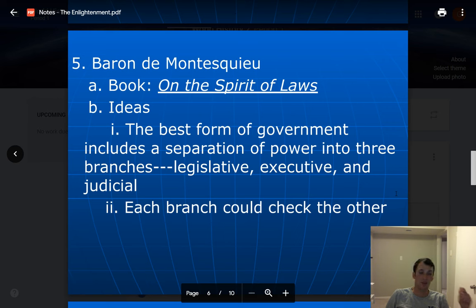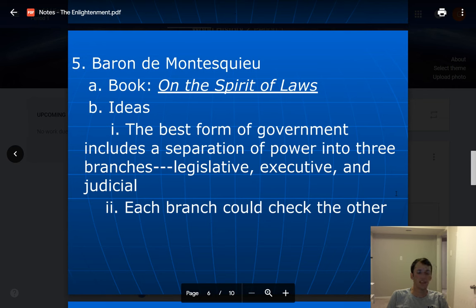And that's really important, which is why he goes on to say how his thoughts are to have three separate branches, right? The legislative branch, the group that will make laws, the executive that runs the government and enforces those laws, and then ultimately the judicial branch that decides on the legality of these laws and the actions of others, right?